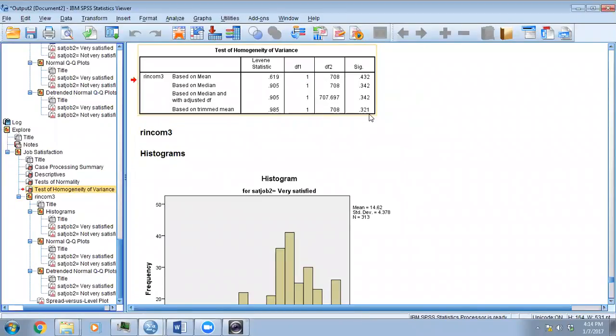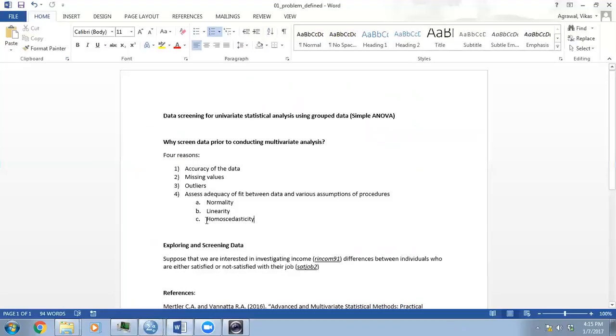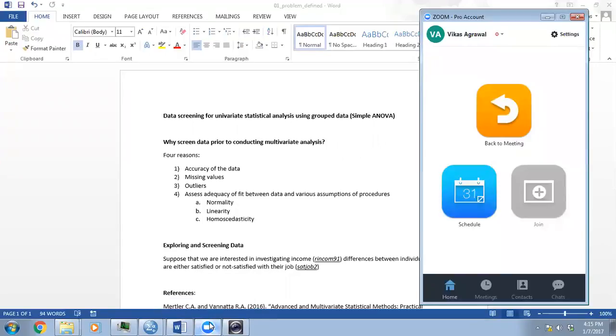Variances in R income 4 are equal across the two groups, very satisfied and not very satisfied. So this is how you go through all the data screening steps. And with that, I'm gonna stop my recording here. Thank you very much for listening.